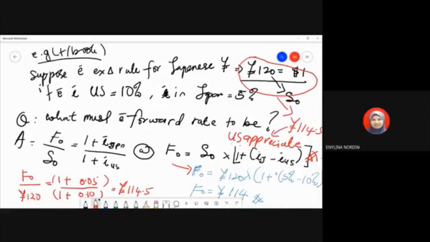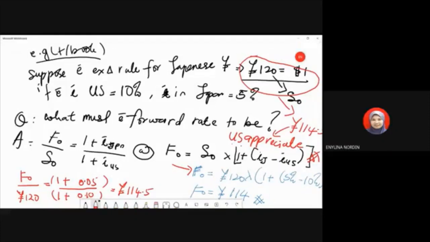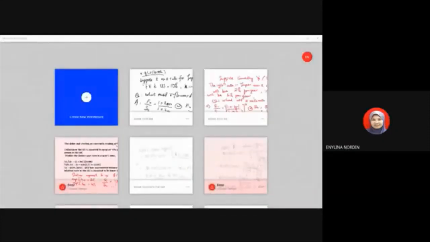Right. Okay, now we go back to the slide. Right, the slide. So these are the limitations, right? Expectation theory. This one you can read. Right.